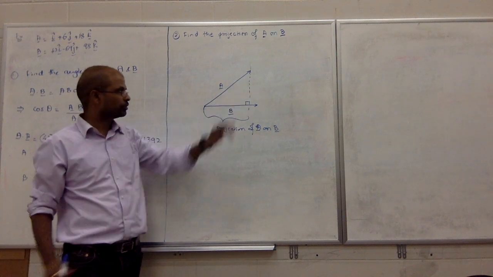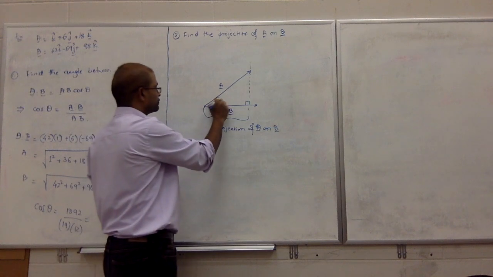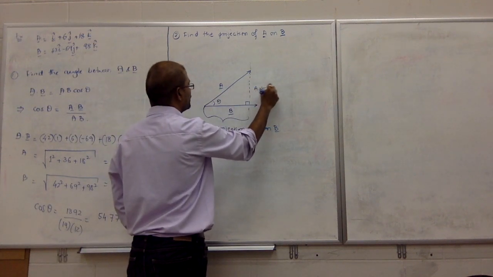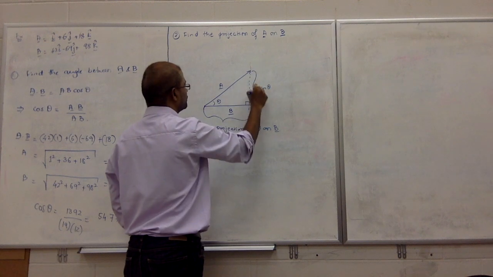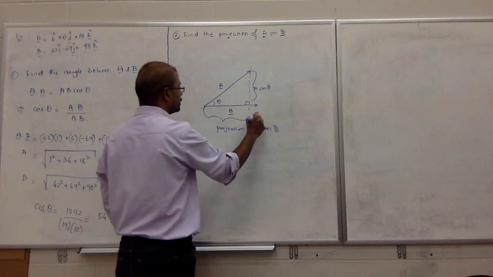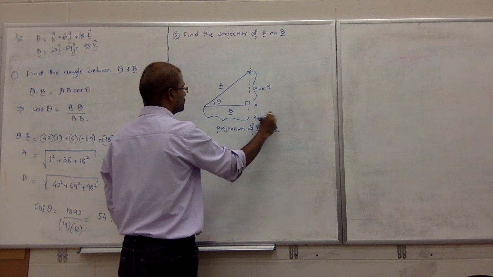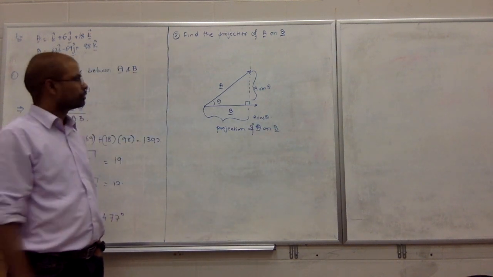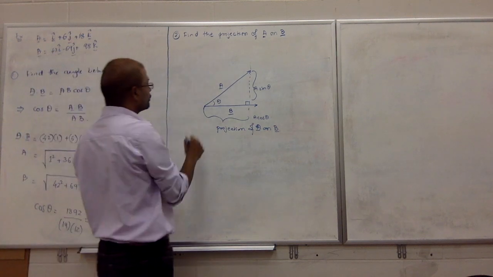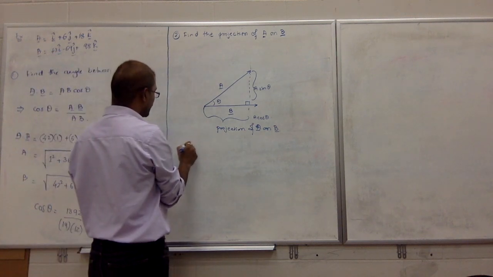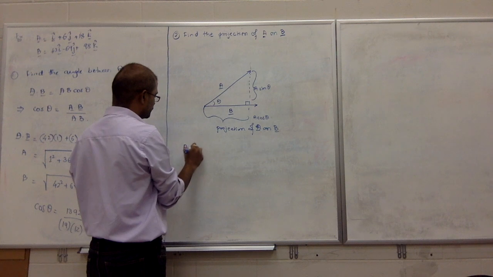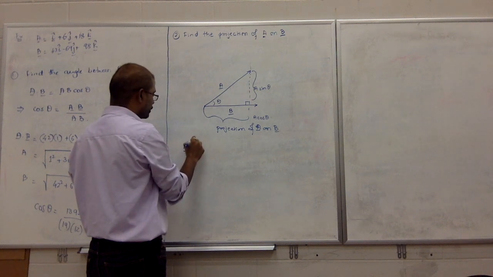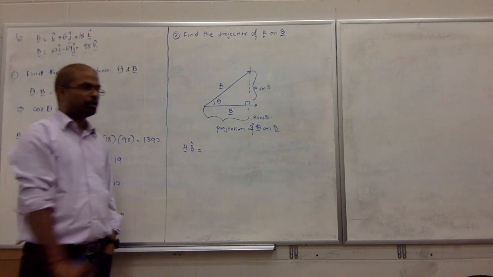A sine theta would be this component, right? So this component would be A cosine theta. Okay. So the way you're going to find the projection is, you're going to do A dot B hat.